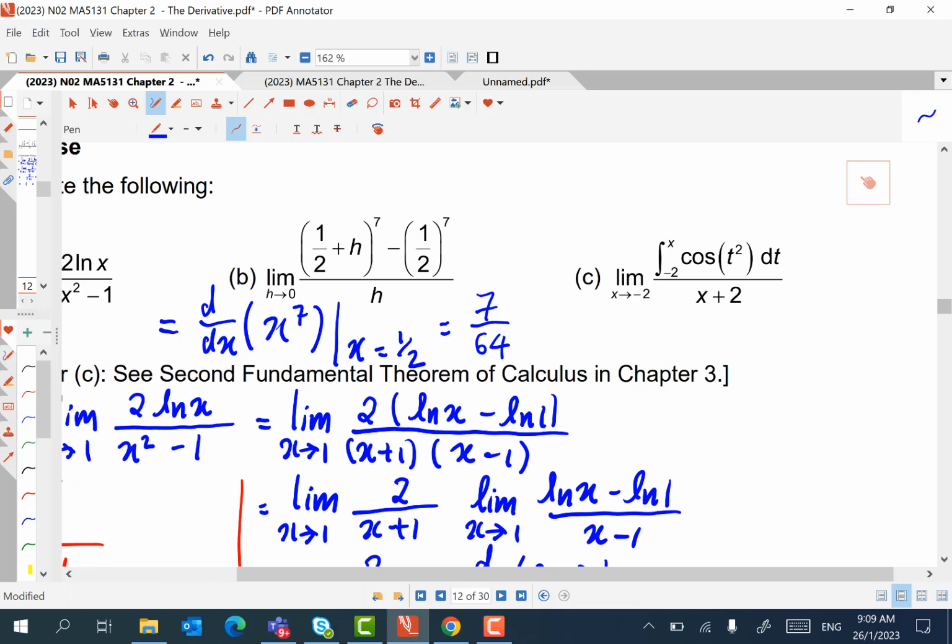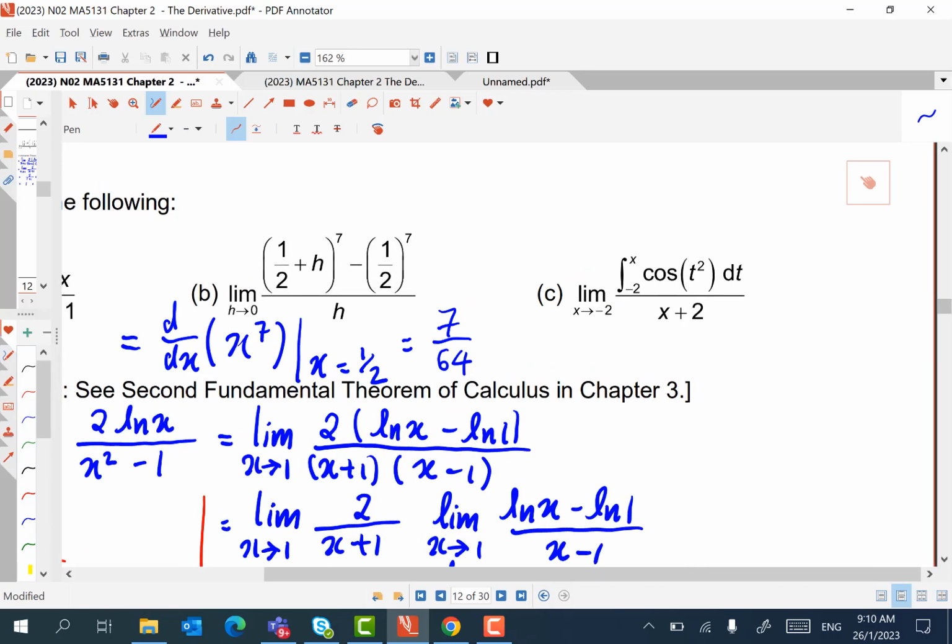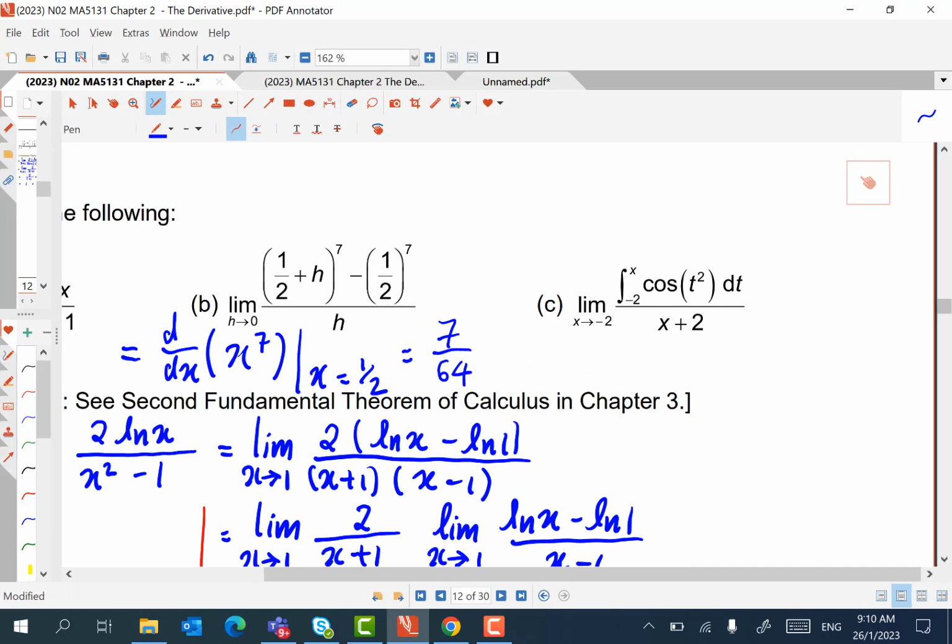Then for the case of part C, imagine if I say the integration of cos of t square.